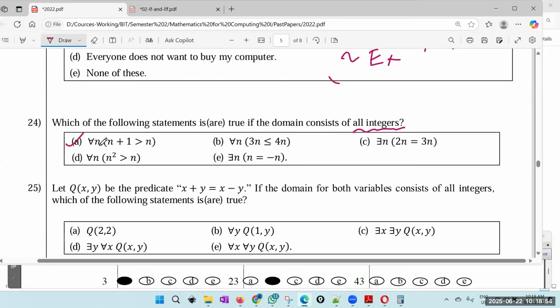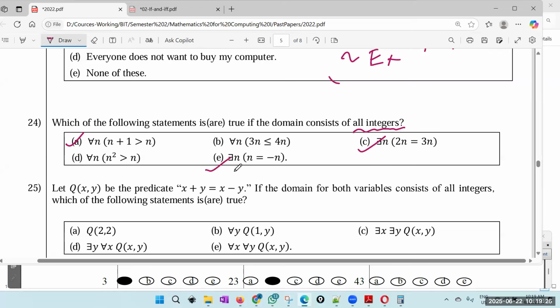First, I will look at the easier one. There exists n such that twice n is 3 times n. Remember, 0 is an integer. So when it is 0, 2 times 0 is 3 times 0. This is correct. I just need to find one answer. And this is again for 0, 0 is equal to minus 0.